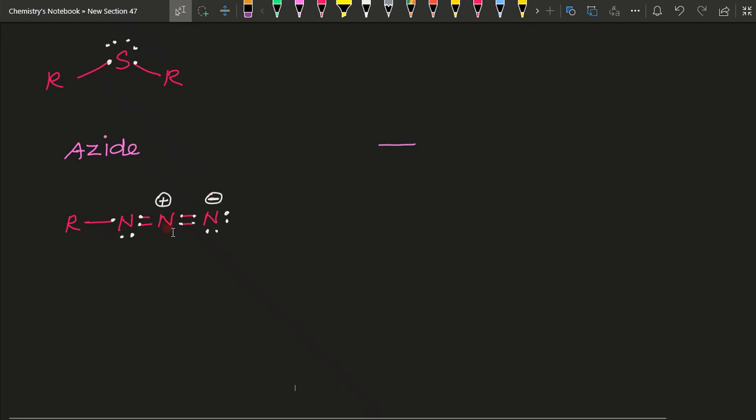because see here, this nitrogen has 3 bonds, but this nitrogen has 4 bonds here, 1 2 3 4, but there is no lone pair electron, so it attains a partially positive or positive charge.